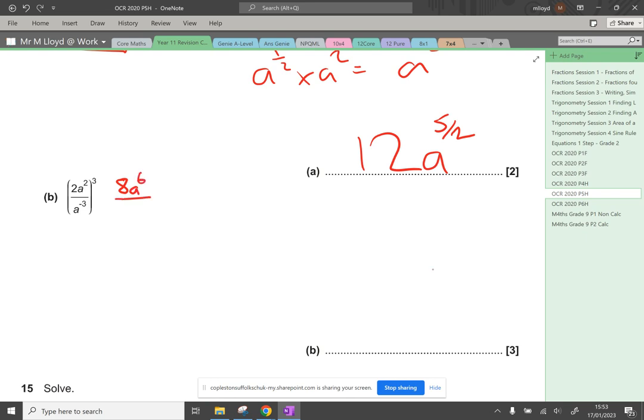And that's going to be over a to the negative 3 cubed, which is going to make a to the negative 9. Now, this is effectively a division now. Okay, and then when we're dividing, we're going to subtract the powers, but minusing a minus means that we add, so 8a to the 15.